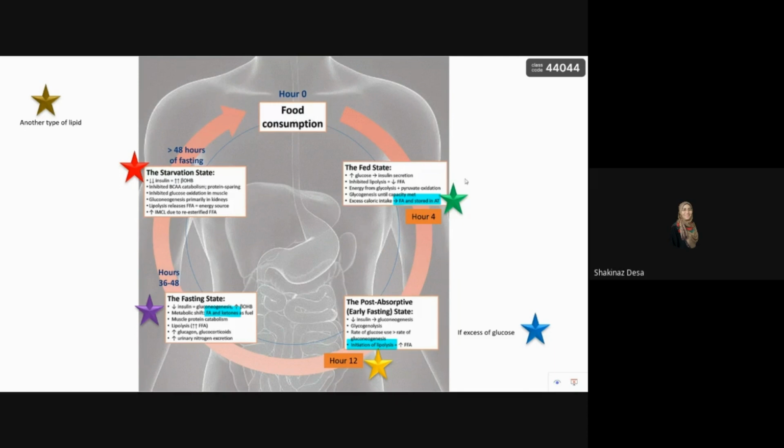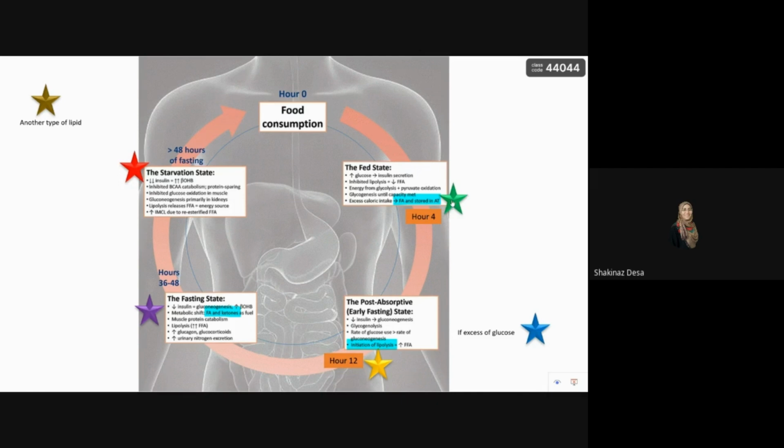And then lepas kita makan tu, there'll be a situation where kita dalam state of dah makan. So absorptive state ataupun fed state ni. Waktu fed state, if you look closely, there is an increase of glucose, insulin secretion and so on. So ada juga nanti bila kita dah makan tu, the fat will be stored in adipose tissues.